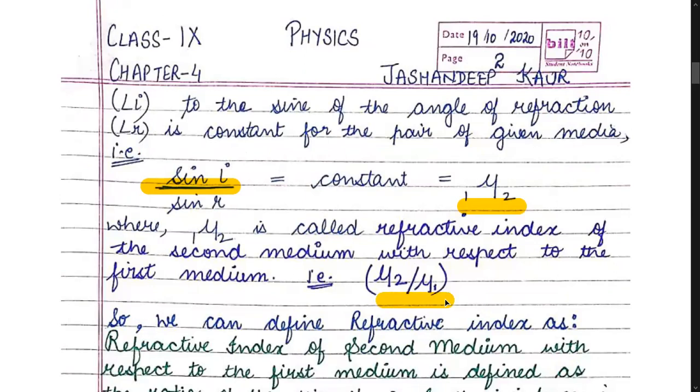Basically, we are comparing mu 2 with mu 1, that is, refractive index of second medium as compared to refractive index of first medium.